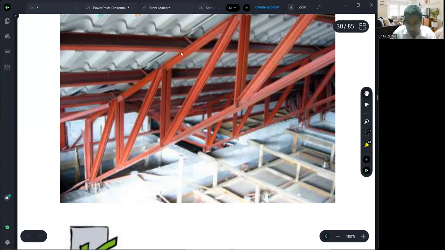This one extends to the other side, starting here, going to the other side and ending at the other side. So that is the purlin connection to the roof trusses.